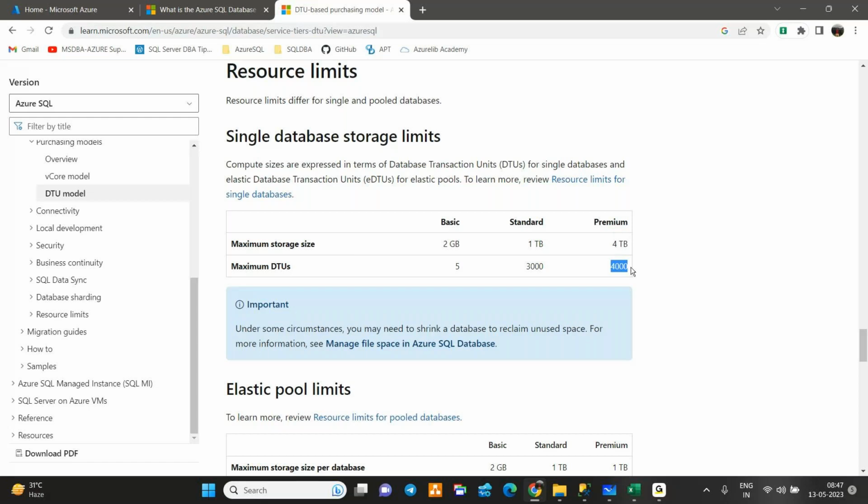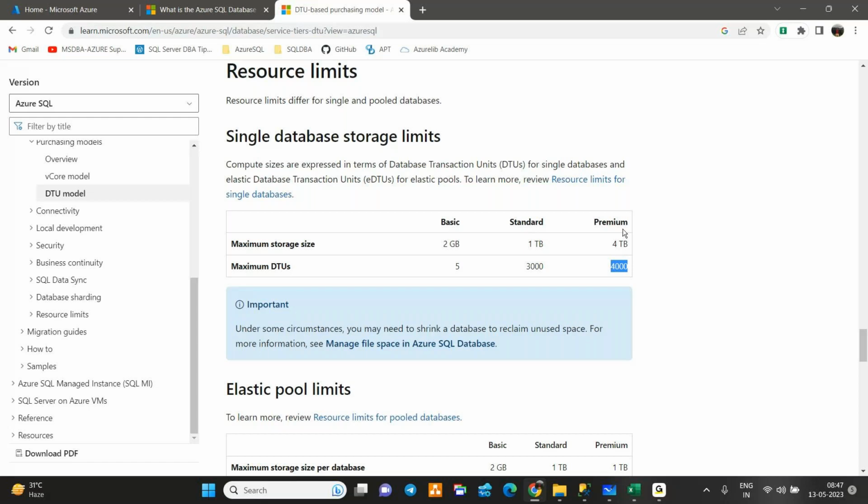Sir, this size also includes the log file. It is not only the data file, it also includes the log file. Both your log file and data file size can be a maximum of 1 TB when you go for standard, 2 GB for basic, and premium you can get only 4 TB.